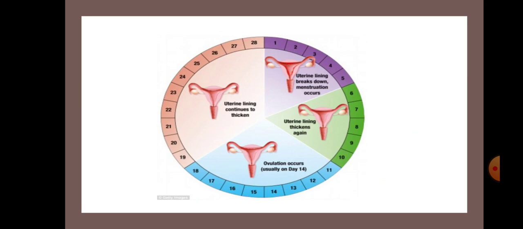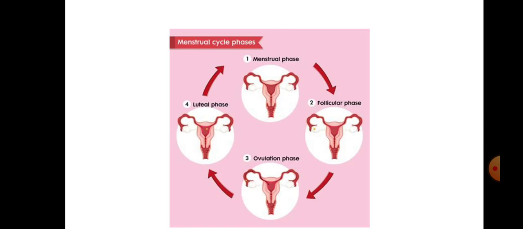The ova or the egg begins to mature with the onset of puberty. One ovum matures and is released by the ovary every 28 to 30 days. During this period, the wall of the uterus becomes thick, so it can receive the egg in case the egg is fertilized and begins to develop.